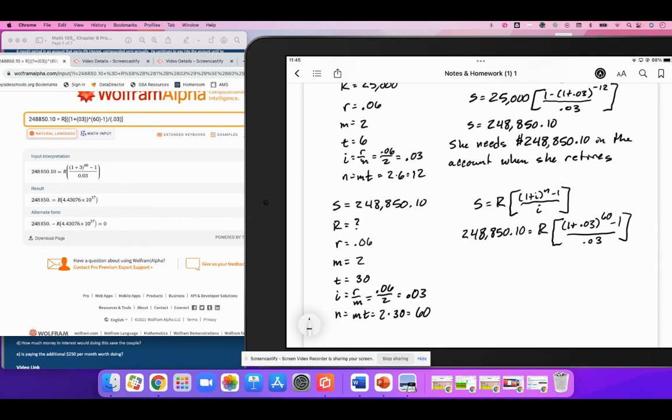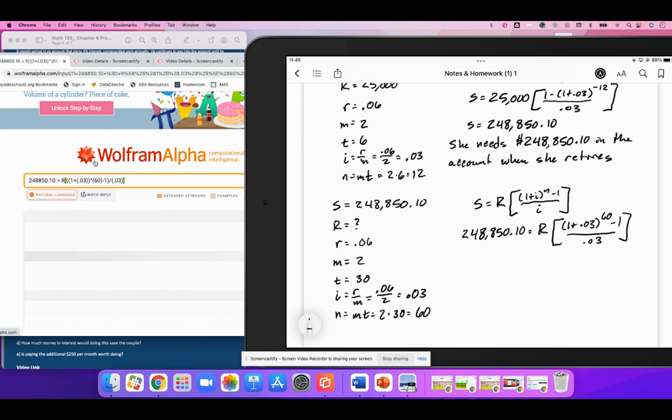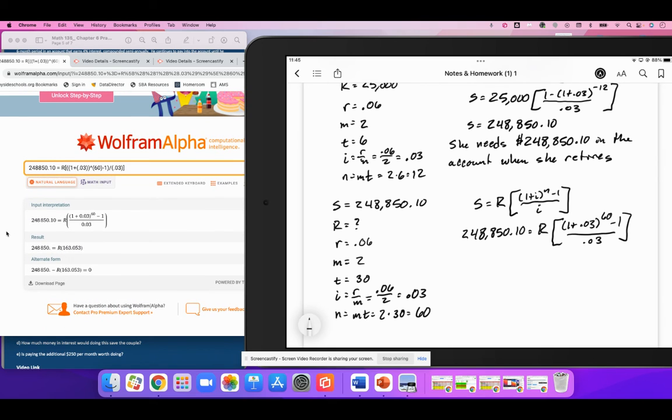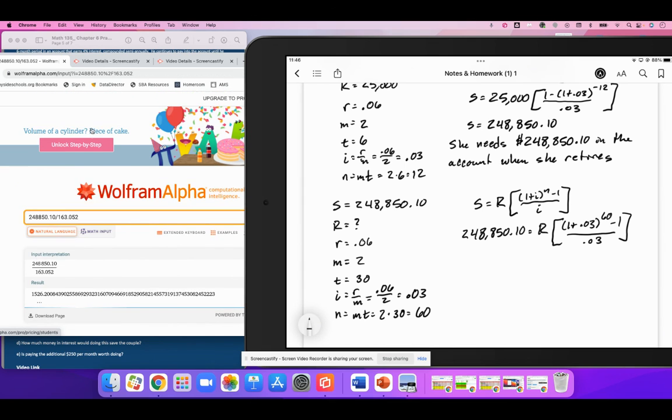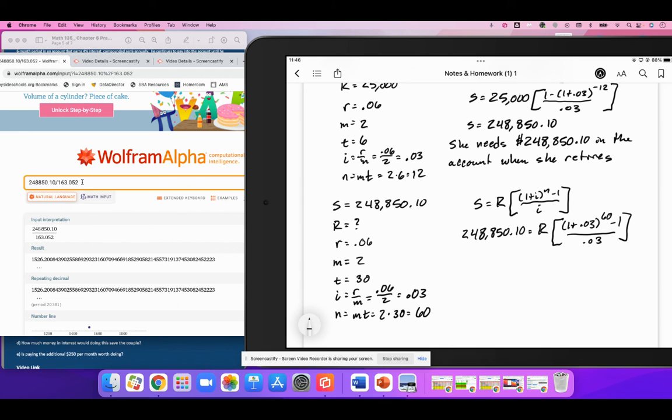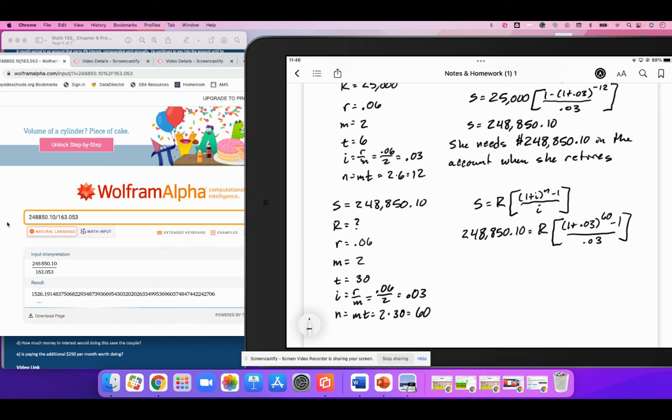I'm going to pause this for one moment. And that's why. That says 3, not 0.03. Forgot my decimal. That was kind of strange. All right, so I got to divide by 163,053. Oops, and that's a 3, not a 2. Couple typos on this one.